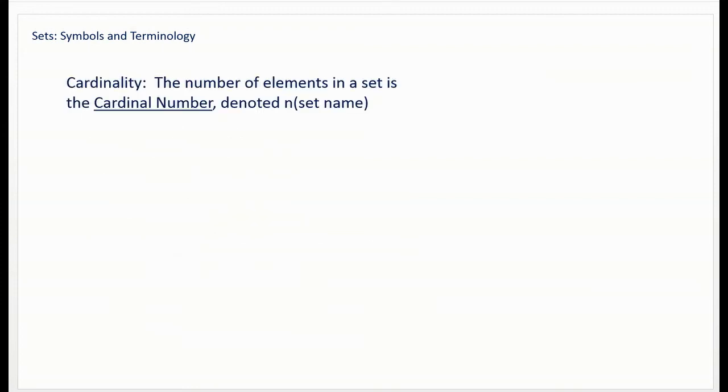Now, the cardinality of a set is the number of elements in the set. So that's called the cardinal number, and it's denoted as n of the set name. So say, for example, we have the set A is equal to {2, 1, 5}, right?